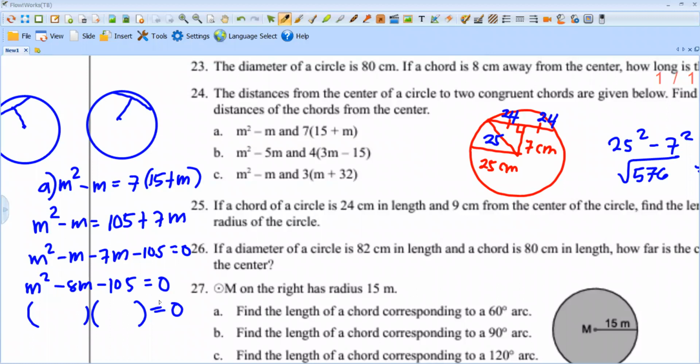So it will be 15 and -7. So M is 15 and M is -7. Therefore, we will not use this because it's negative, so we will be using this. So M is 15.